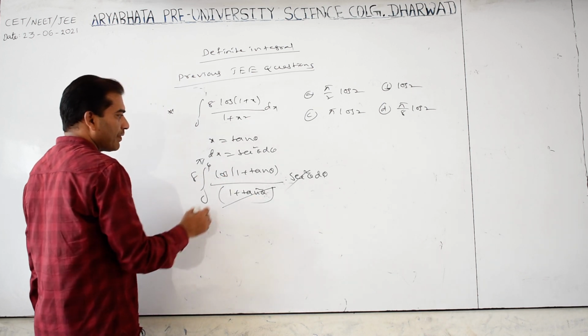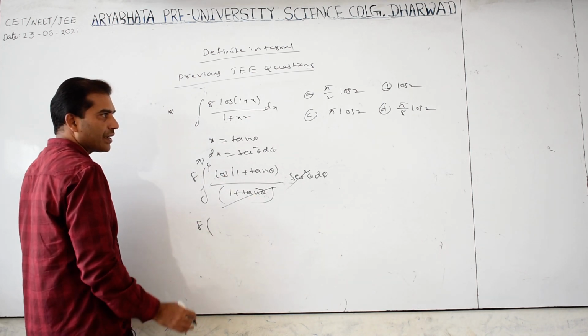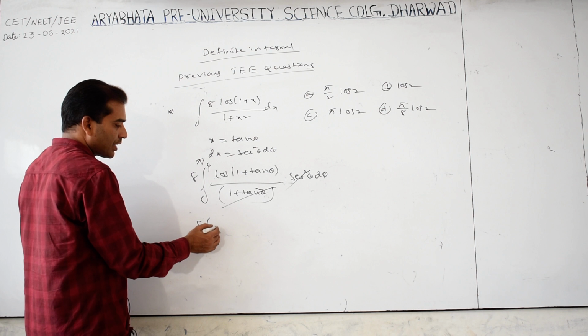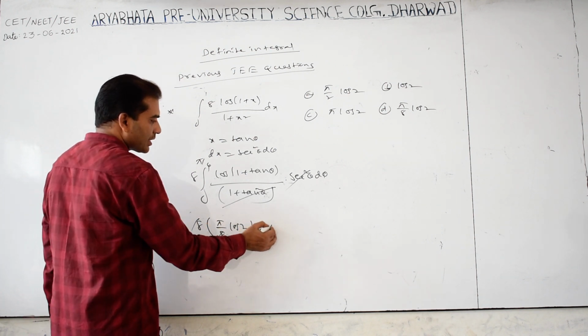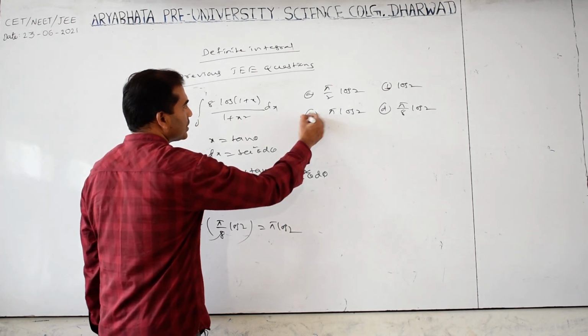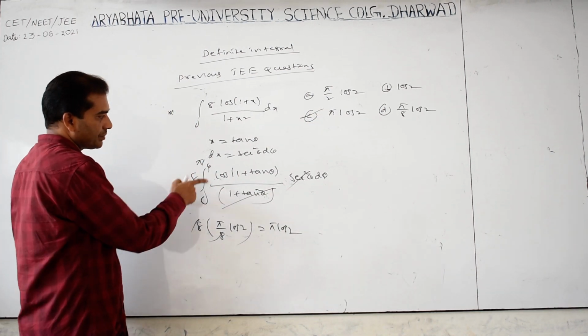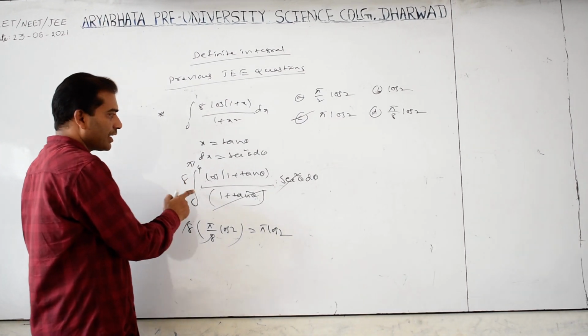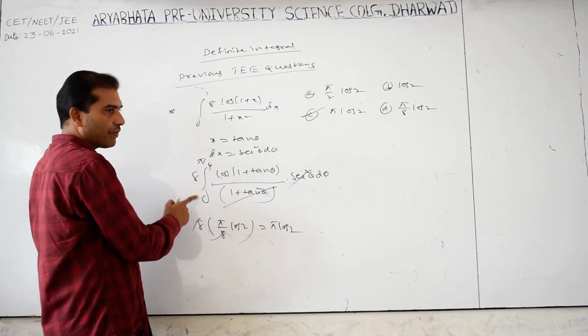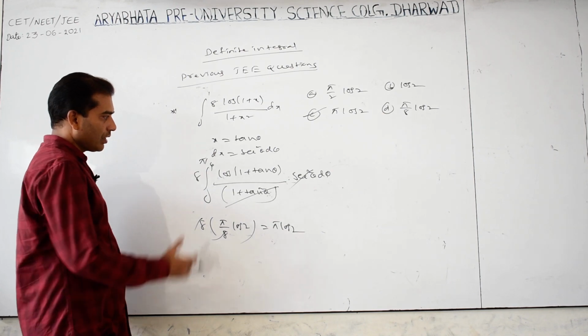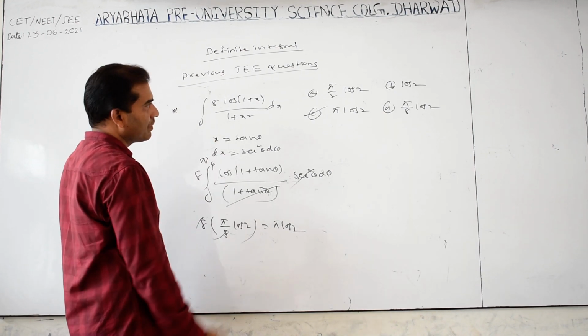So, the integration of 0 to pi by 4 of log of 1 plus tan theta d theta is a standard result, which is equal to pi by 8 log 2, so 8 gets cancelled, giving pi log 2. This is the standard result. If you forget the standard result, you have to solve this again, which takes 2 minutes. So do not forget, you must practice those standard results before the exam.